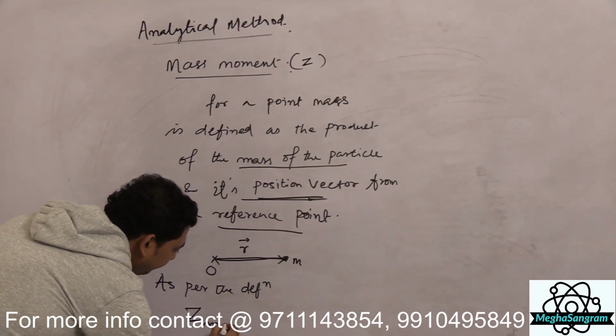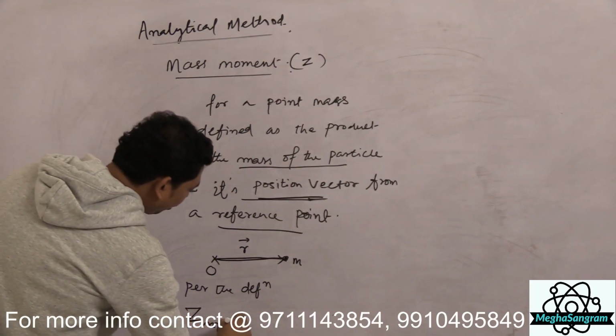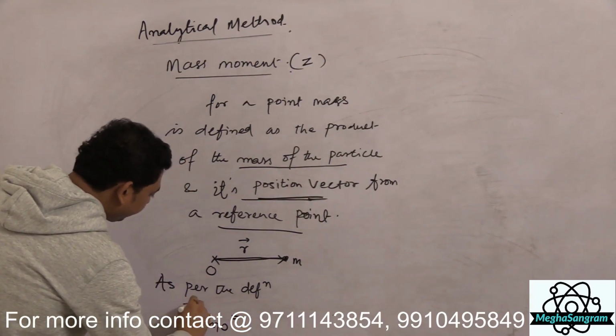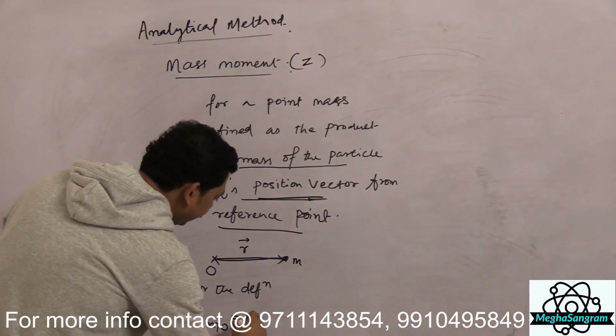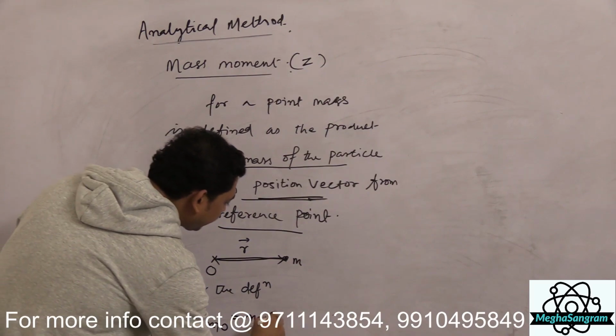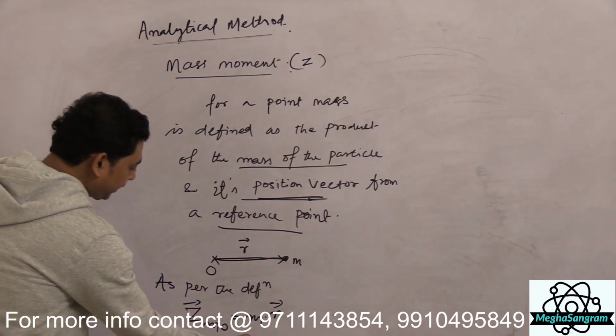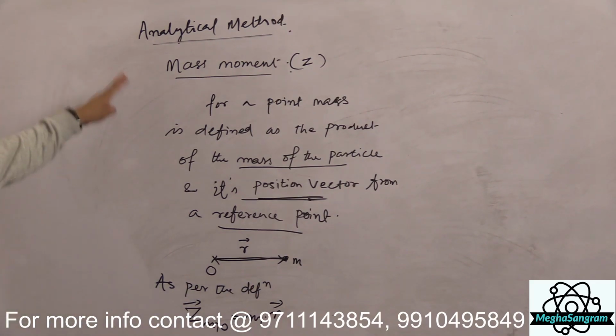A point mass M with respect to O. So this will be equivalent to the product of mass M and its position vector, as we have calculated it to be R. All right, so this is the concept of mass moment.